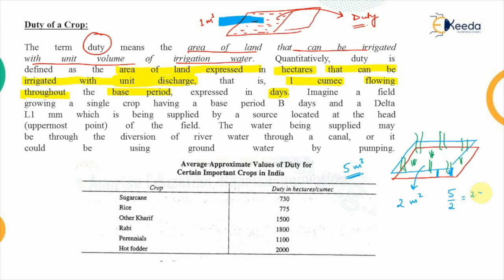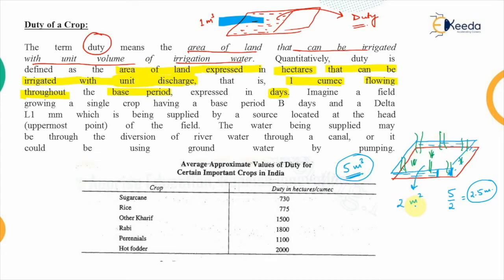That means 2.5 meter of depth of water can be provided here, given that the volume supplied was 5 cubic meter and the area of the land was 2 square meter.